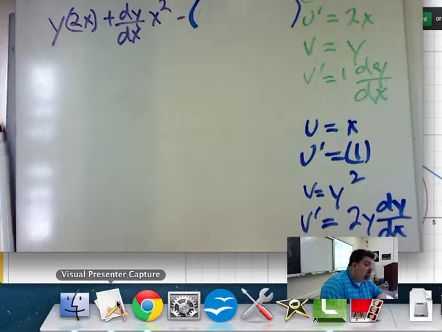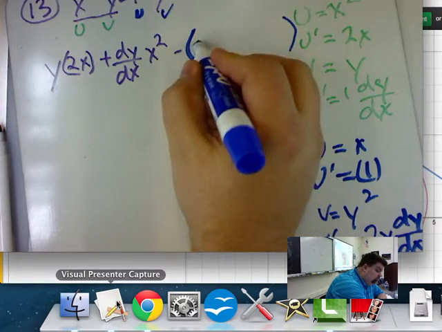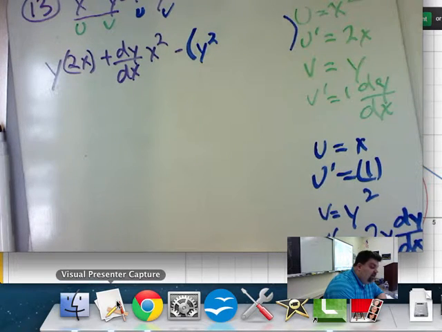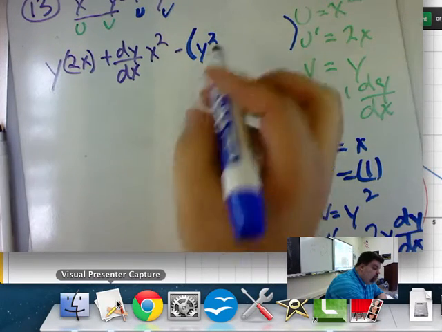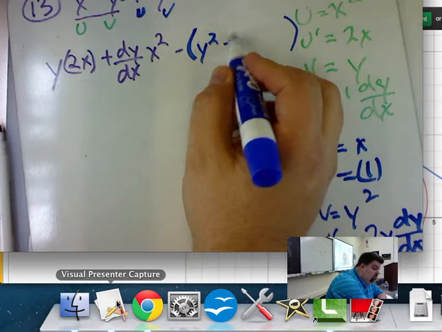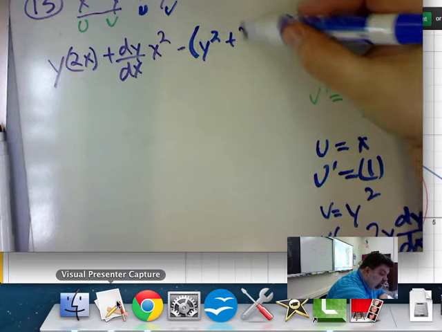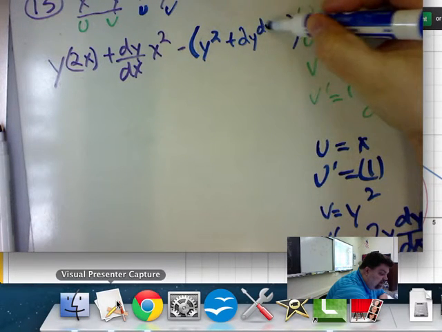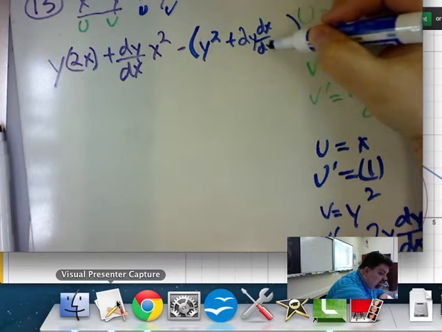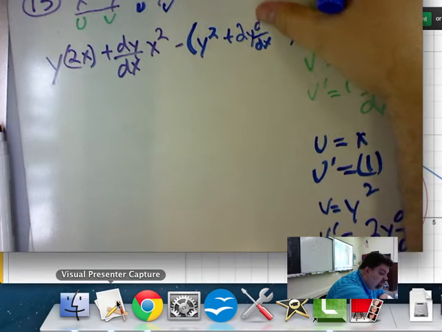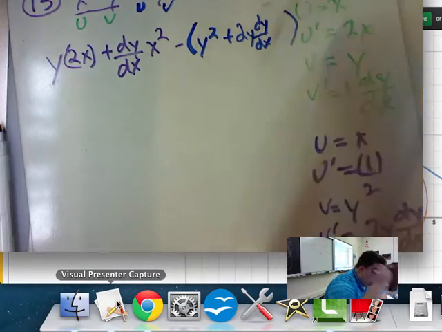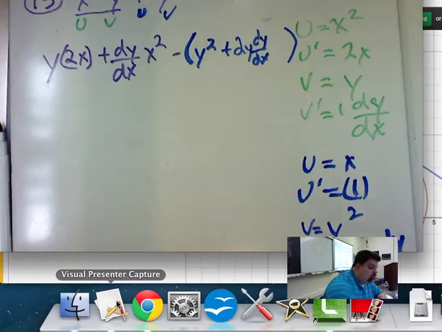Okay, so tell me what I write down. v, which is y squared, and then u prime, which is just 1, so I'm not even going to write that down, plus v prime, which is 2y dy dx, times u, which is just what?